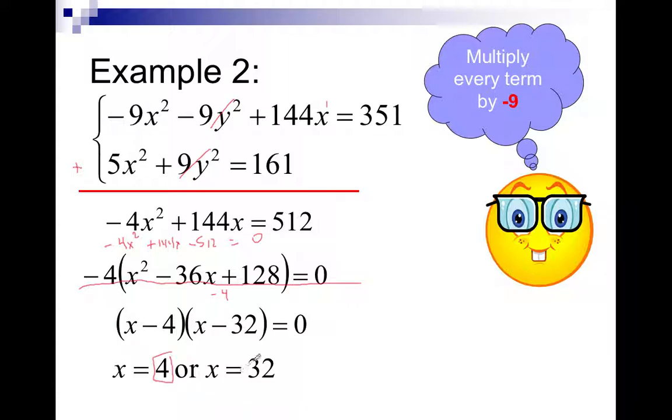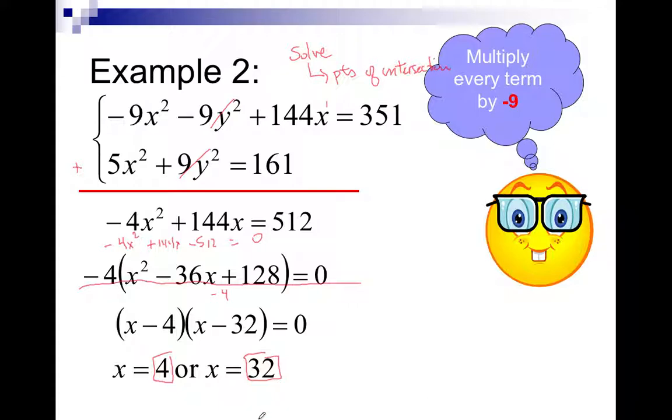Remember, when the directions say solve, that means you're looking for points of intersection. So you need to take the x is equal to 4 and 32 and plug it back into one of the equations. Gee, which one are you going to plug back into?